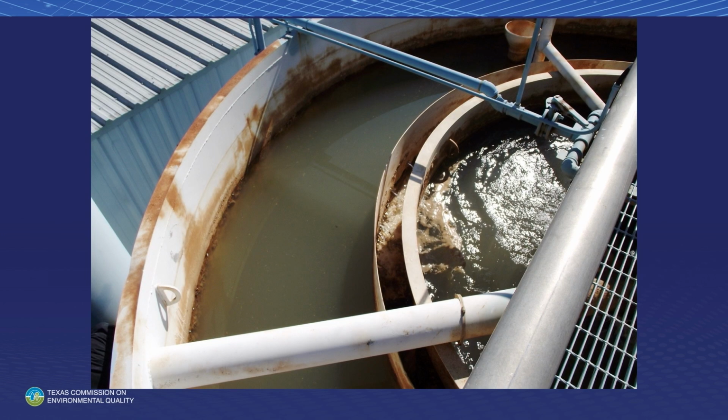This is another example of a basin that they tried to help a little bit. This was a center flow, center loaded, supposed to be a solids contact unit. The water went down and came up on the outside of this chamber and out through ports.